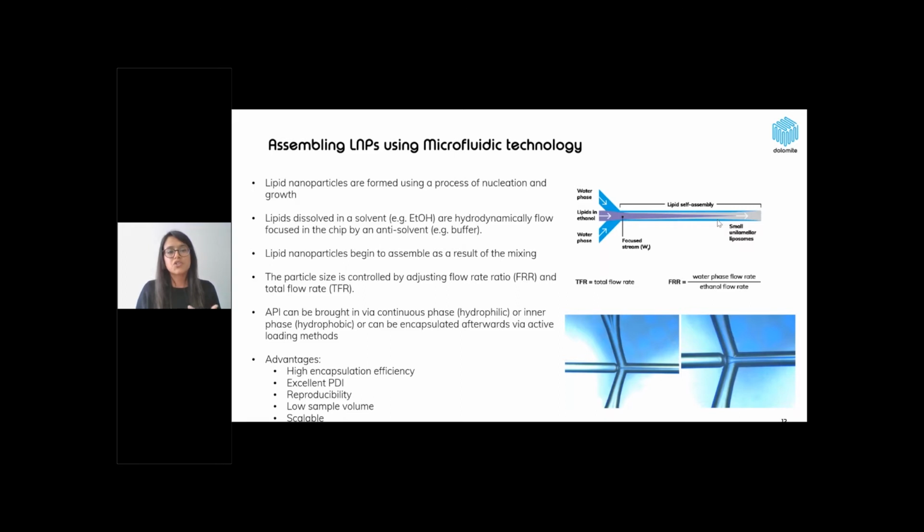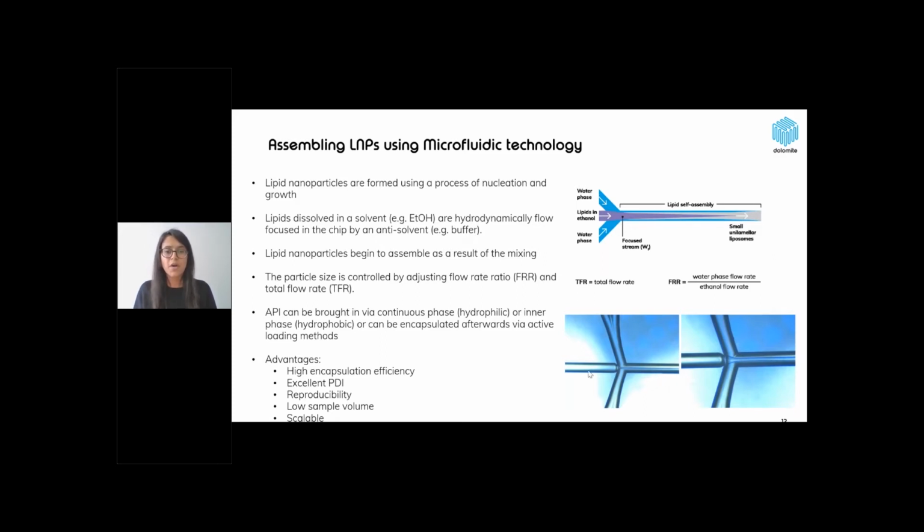So the particle size is controlled by various different parameters, but one of the things which is key is flow rate ratio and the total flow rate. What I mean by the flow rate ratio is essentially the flow rate between the organic phase and the water phase.